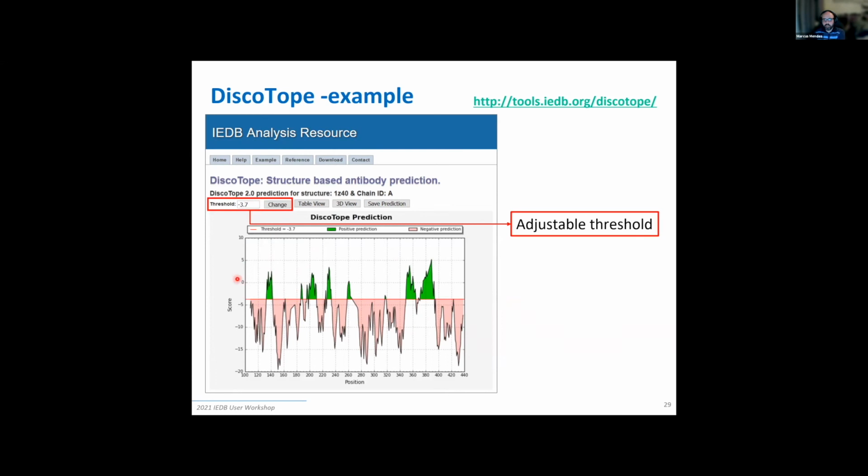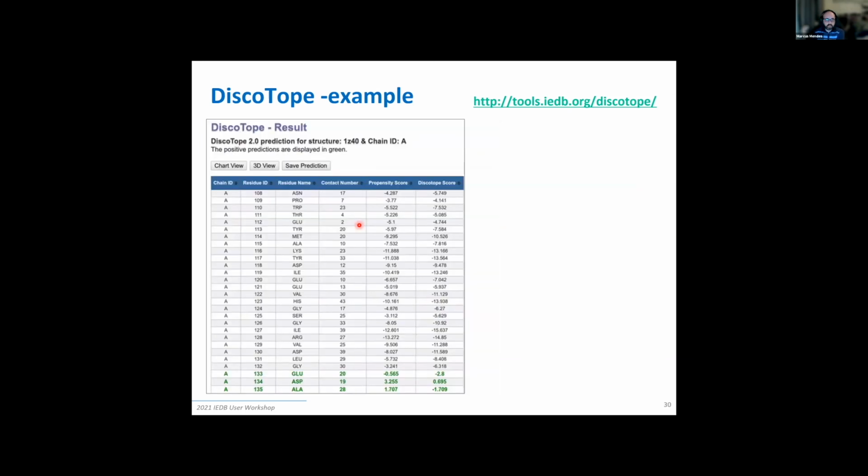Here you have a threshold to play around with. You can save the prediction as a CSV file, or click over here to see the result in a table view, with a score for each amino acid in your protein. The green ones are the amino acids classified as positive predictions.